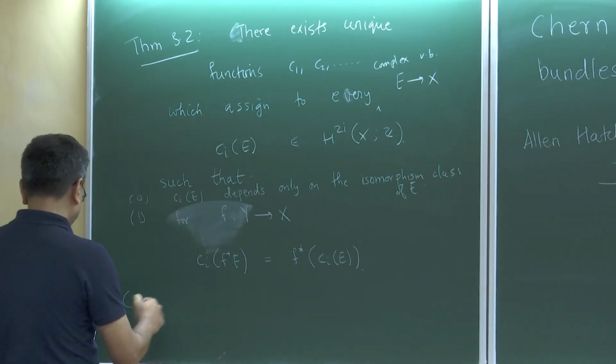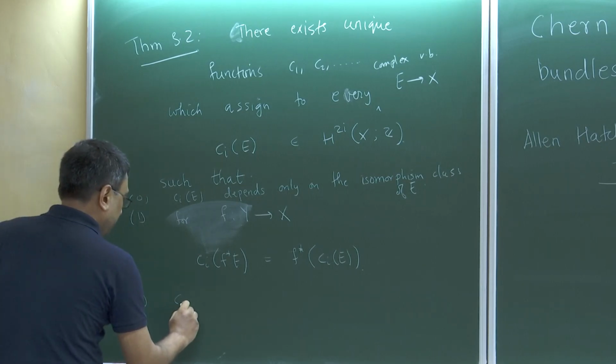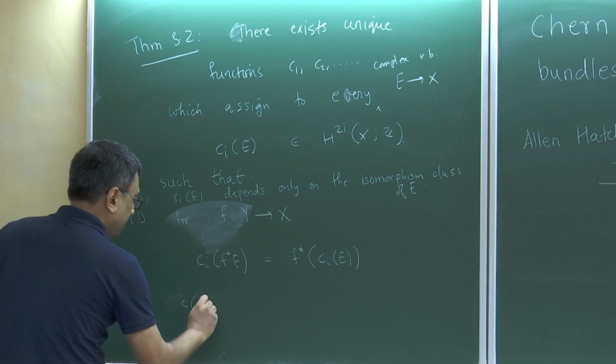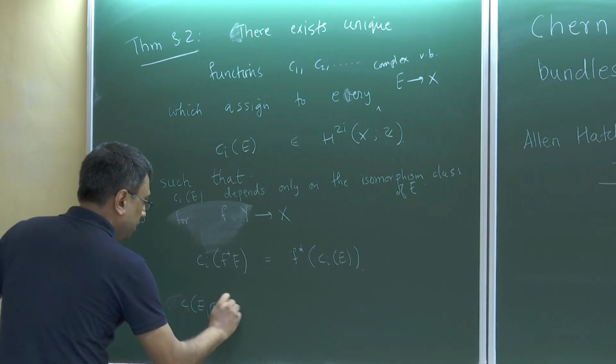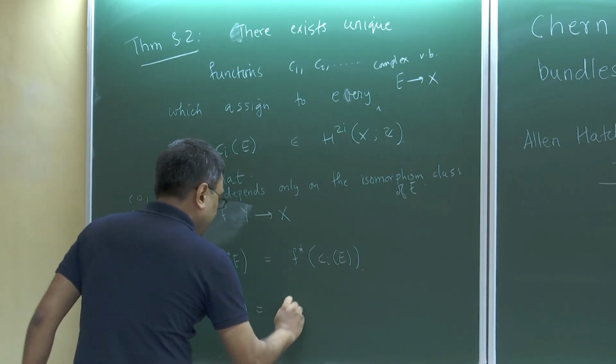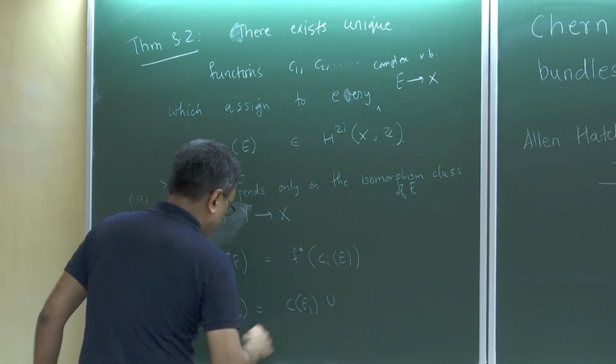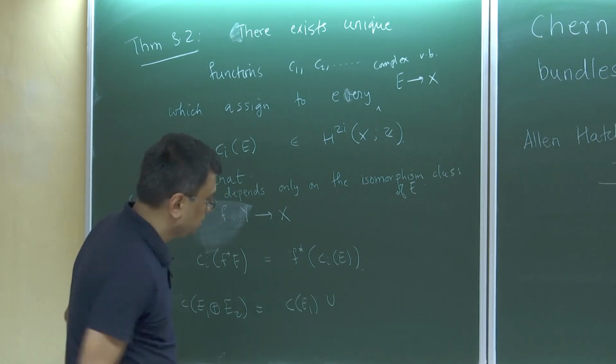The second property tells us what happens to direct sum of vector bundles. So C of E1 direct sum E2 is equal to C of E1 cup product with C of E2, where I can just use multiplication for cup product.